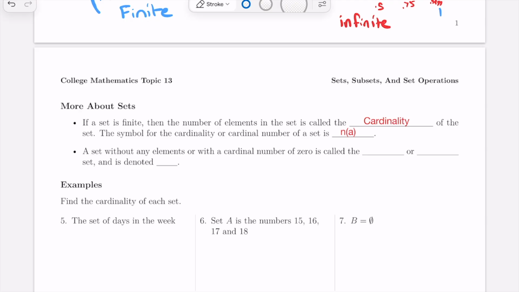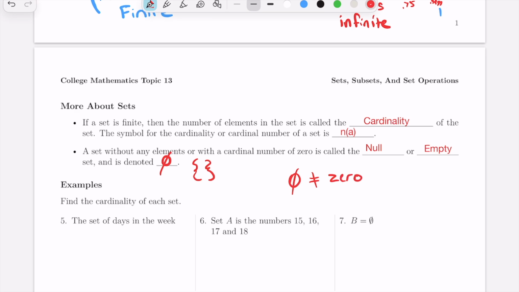A set without any elements or a cardinal number of 0 is called the null or the empty set. And it's also denoted by, looks like I might have erased it. We can either say this symbol, or sometimes you'll just see a set of empty brackets. Now, I do want to point out this symbol is not the same thing as 0.